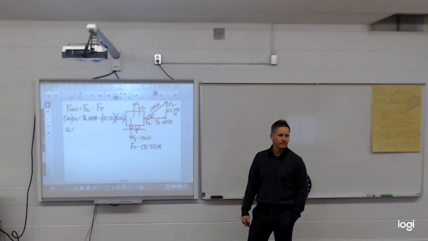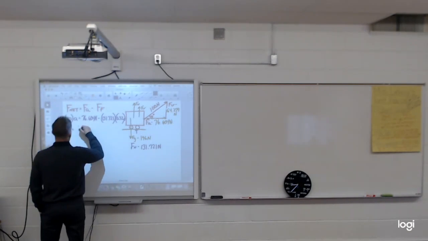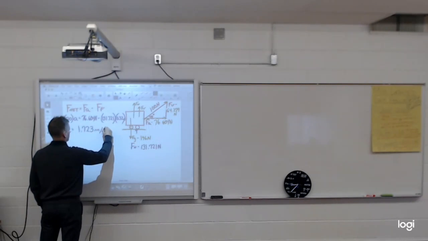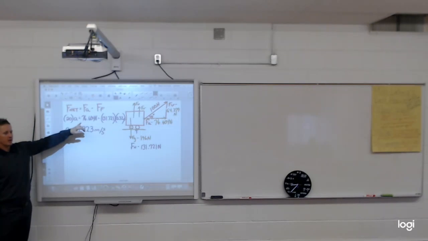I'm going to divide by 20. 1.723? Yes, that's right. You probably didn't use brackets, so it's messed up. Amron, watch please.